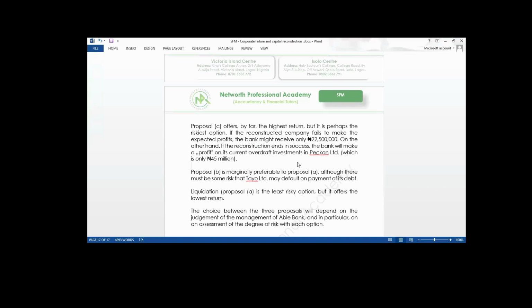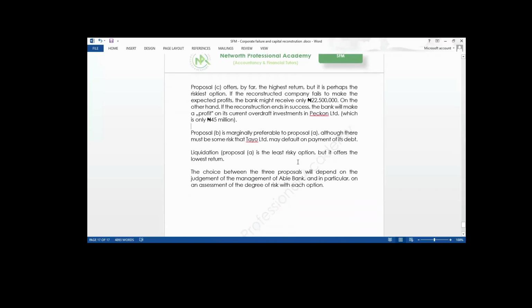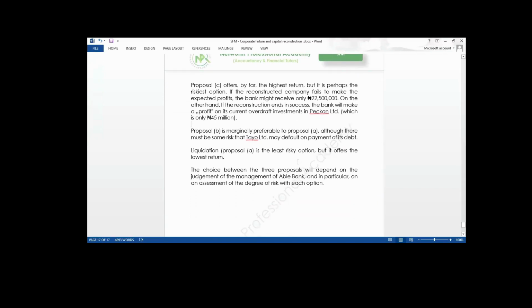Proposal B is marginally preferable to proposal A, although there must be some risk that Tayo Limited may default on payments of its debt. Proposal A is the least risky option and offers the lowest return.